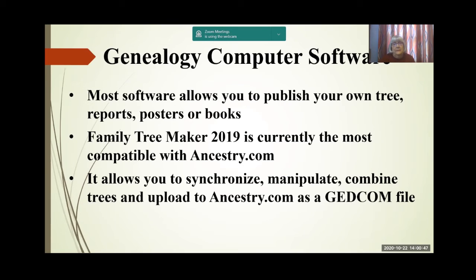It will let you upload, download, synchronize, and combine trees and save them as a GEDCOM file and then upload it to Ancestry.com. Unfortunately, Ancestry.com will not let you combine Ancestry.com trees.